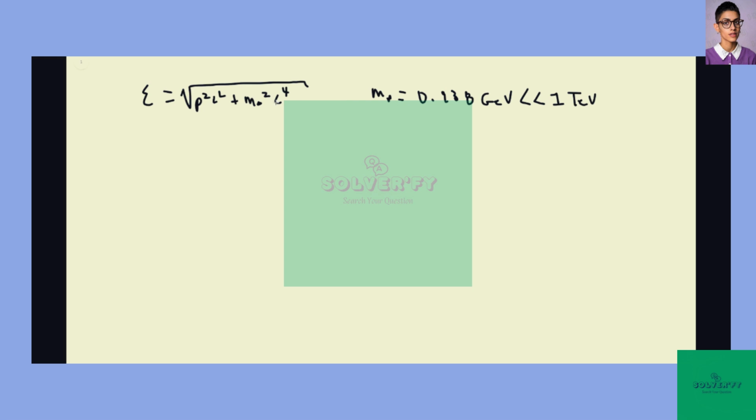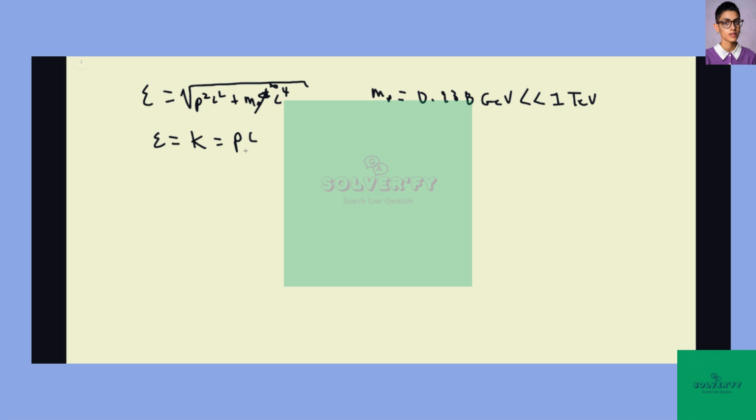Because of that, the kinetic energy term will overtake the rest mass term, so this can basically be considered zero. And we can say the total energy is just the kinetic energy, which is equal to P times C.